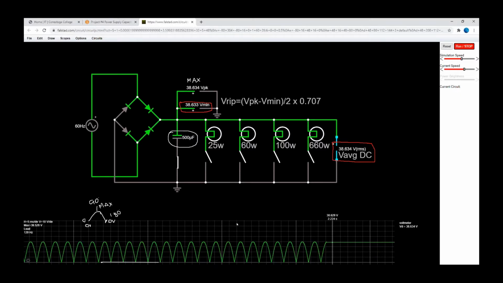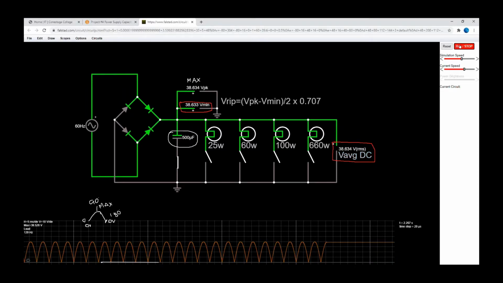It continues to be the same, because that's the max value that we are going to be able to obtain from this signal. However, the minimum value that used to be 0, because now we have a capacitor, this minimum value from the white line, from the 0 volts reference point, is equal to the peak value as well. And you can see that that's what's happening in the whole circuit.